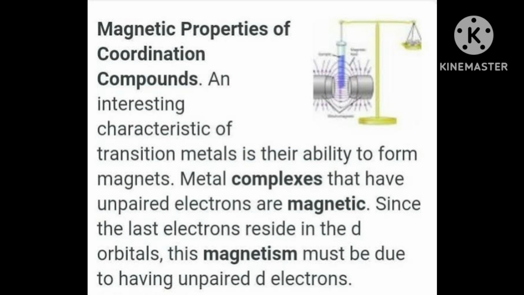Suppose 5 electrons are there, then all are unpaired in the d orbitals.